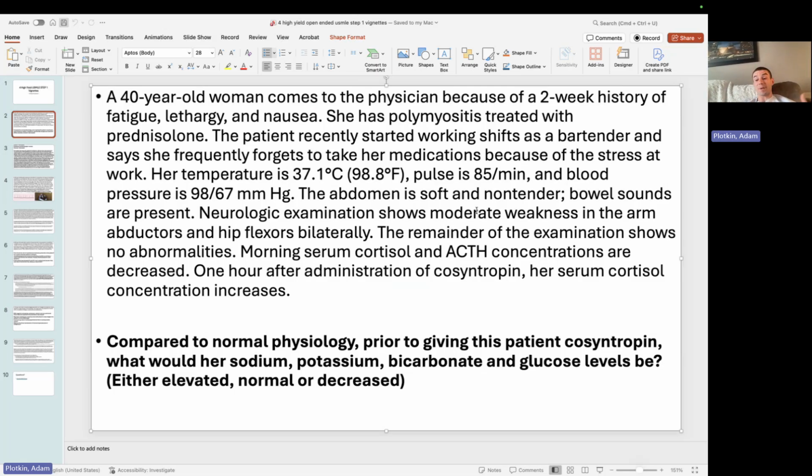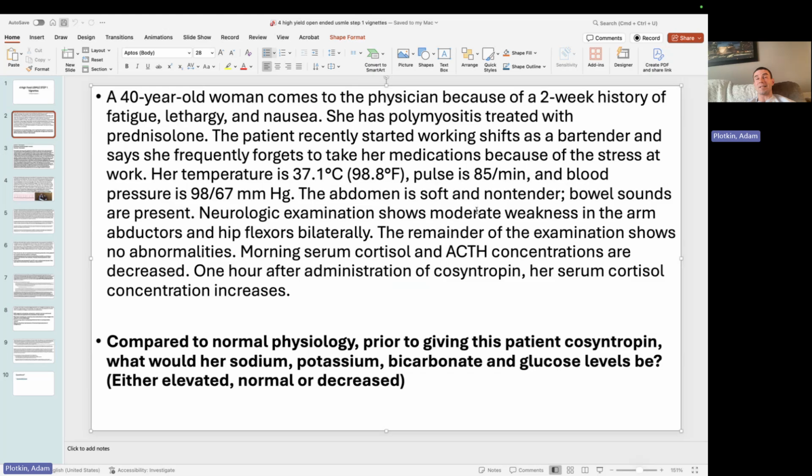One of the mainstay treatments for a lot of autoimmune conditions is steroids, right? So she's been on steroids. Likely, I don't think I told you how long, but she's been on steroids, let's say, for a decent period of time. And so she's essentially taking exogenous cortisol. So as she takes exogenous cortisol, it feeds back and tells the hypothalamus and anterior pituitary, hey, we don't need to make CRH.